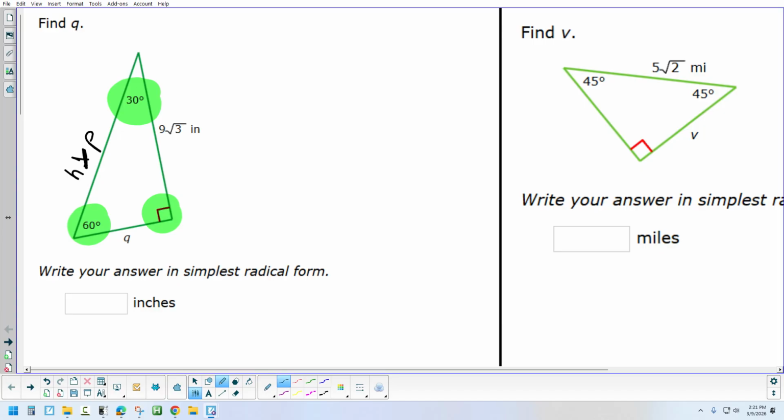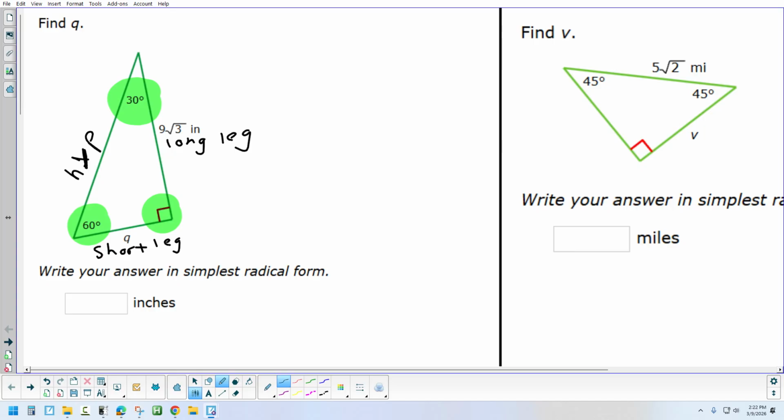What side is the short leg? The bottom of the triangle. So let's call this short leg, and we're going to look that up in our formulas in a minute. And then which side is the long leg? The side that says 9 times the square root of 3.